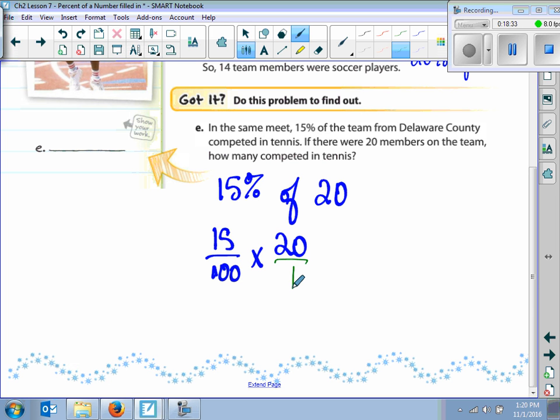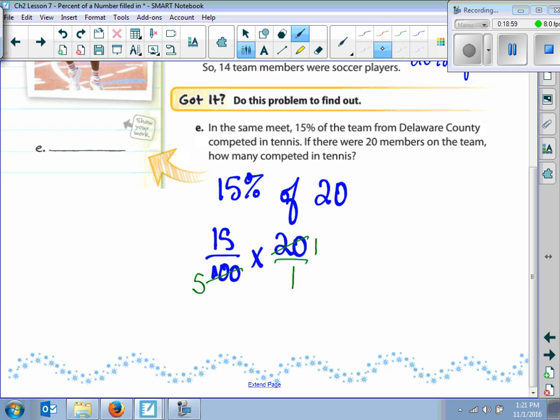Now, multiplying straight across, but before we multiply, we should simplify. So with 20, we can divide by 20. So 20 divided by 20 is 1. 100 divided by 20 is 5.